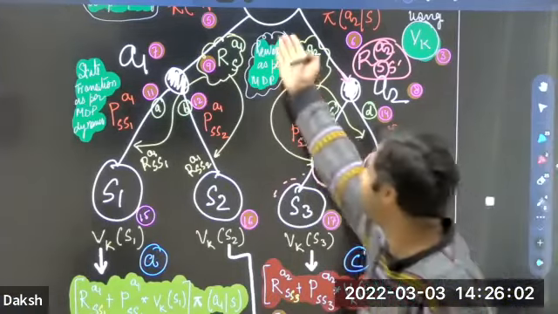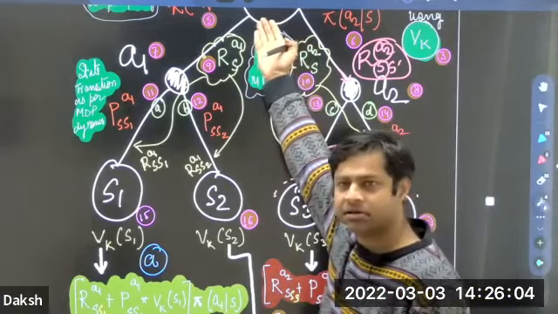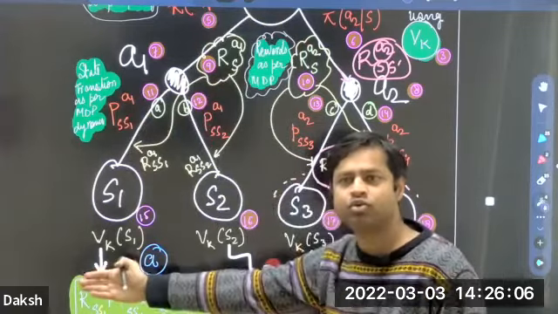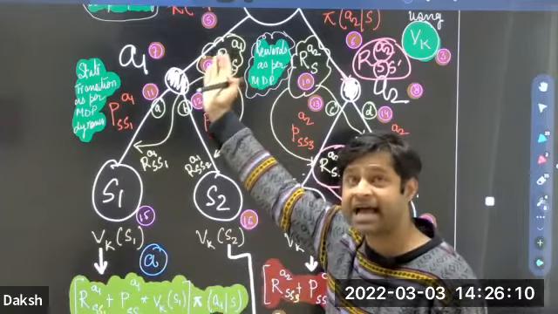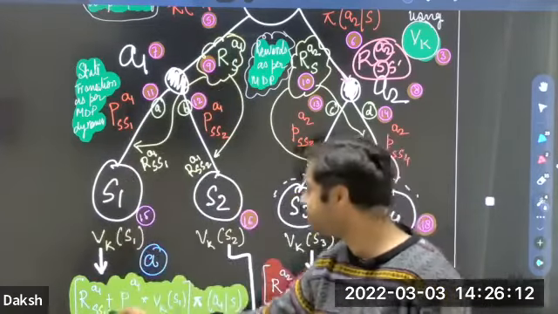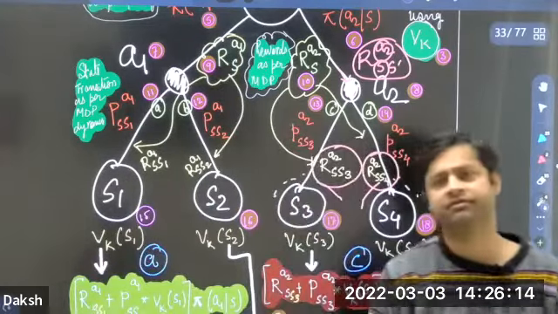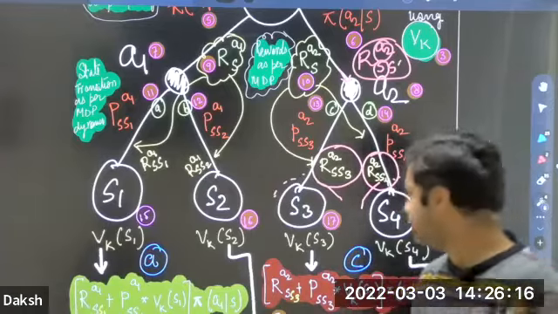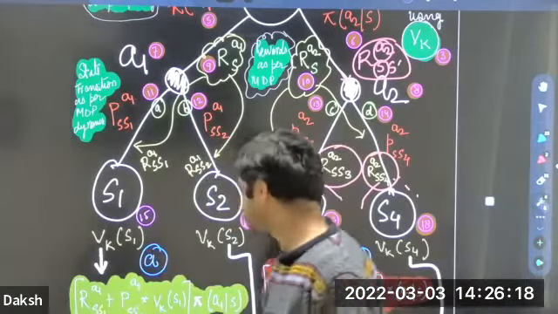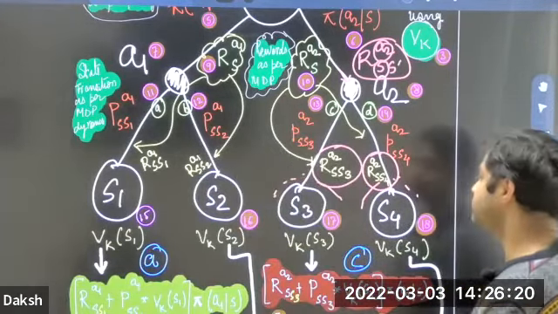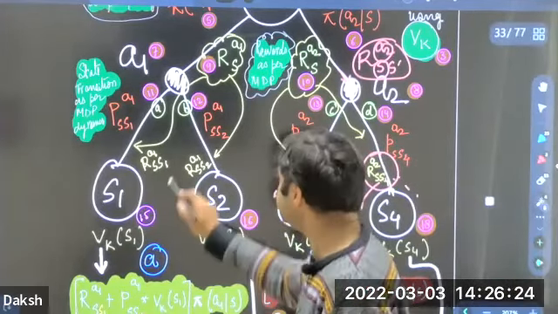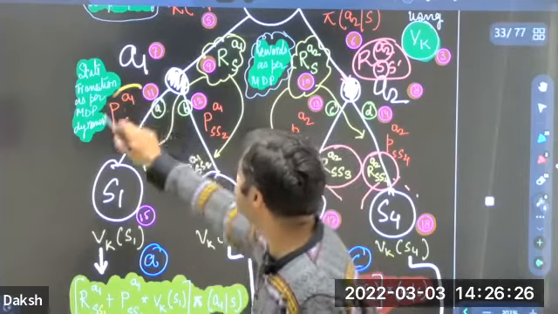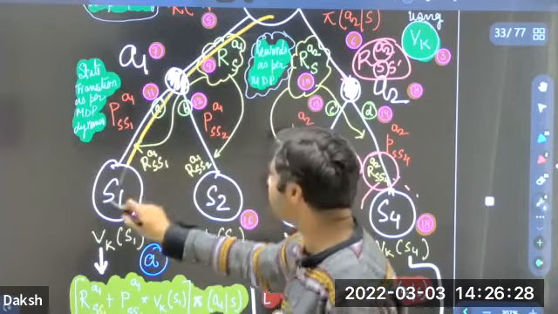S to S1. What does it mean? From S, you have reached S1, taking an action A1. What is the definition of the reward? This is the definition of the reward which you have got, plus the probability, basically this one, because every time you are not going to come over here.